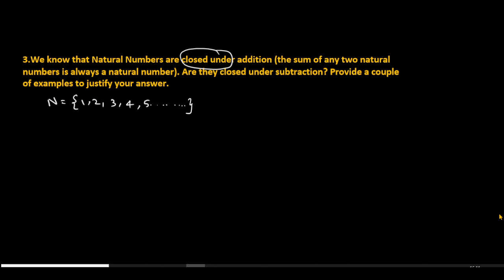Suppose I am going to add two natural numbers. 7 plus 2, I will be getting 9. 12 plus 83, I will be getting 95. And 1 plus 10 is 11. So whatever it may be, this is a natural number, this is a natural number, and after addition the resulting number is also a natural number.